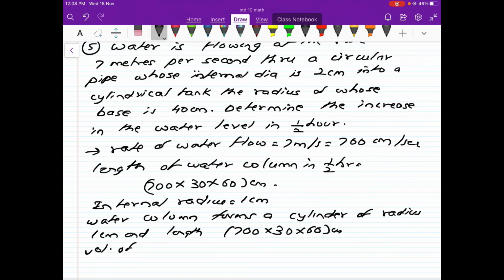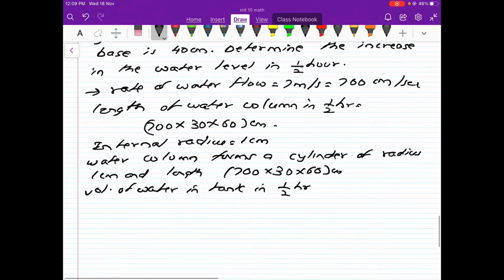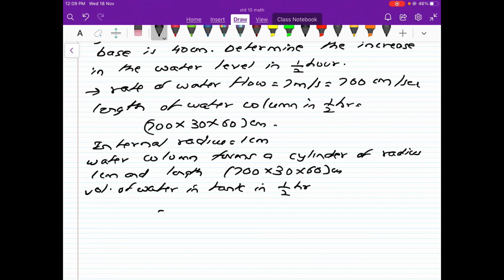So now the volume of water in the tank in half an hour, means in 30 minutes, is π into r square, r is 1 centimeter, into h is 700 into 30 into 60.